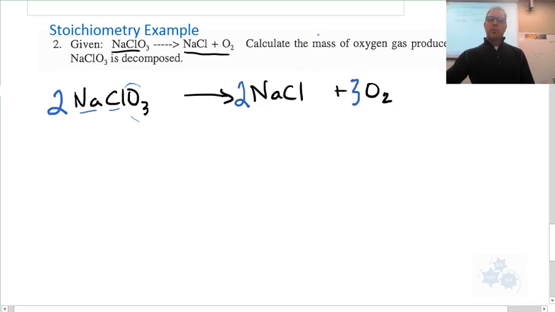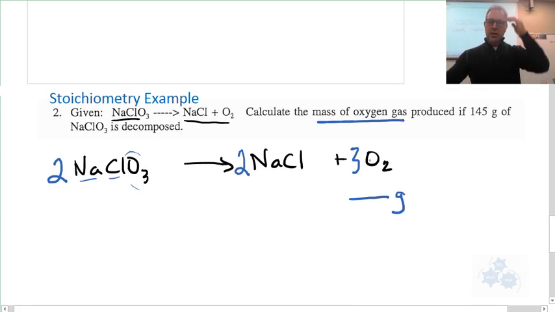All right, in the stoichiometry example, we are asked to calculate the mass of oxygen gas. So guess what? We're trying to find this oxygen gas here. And this is the way I do stoichiometry: I map it out. You might recall this method of mapping it out if you were in my class leading up to Chem 30.